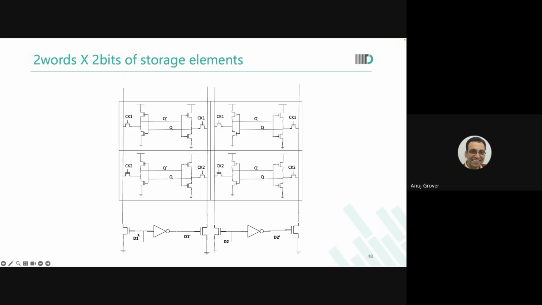Reading you can still do, but for writing, it is definitely needed to be able to drive this common line. So now we start to name these lines. These CKs we call word lines, and the vertical lines we call bit lines. And there is a differential pair of bit lines that we talk about. Are you with me?